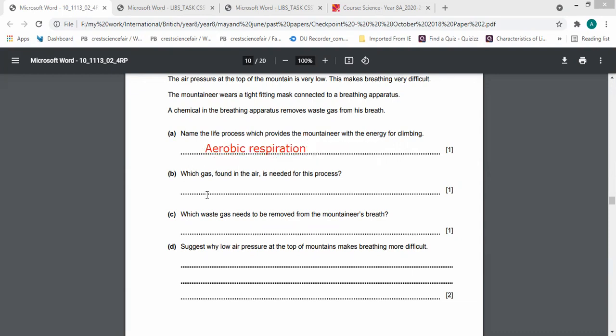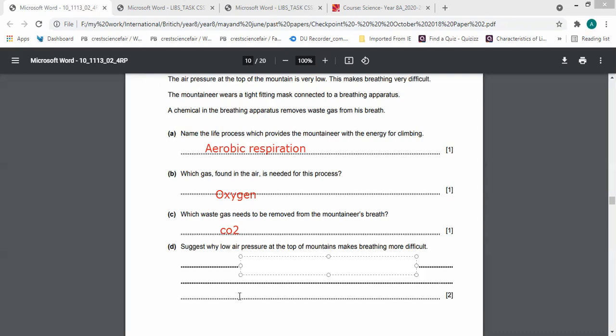Which gas found in the air is needed for this process? Oxygen. Yes, oxygen. Which waste gas needs to be removed from the mountaineer's breath? The carbon dioxide. Yes, CO2. Excellent. Last question. Suggest why low air pressure at the top of mountains makes breathing more difficult.